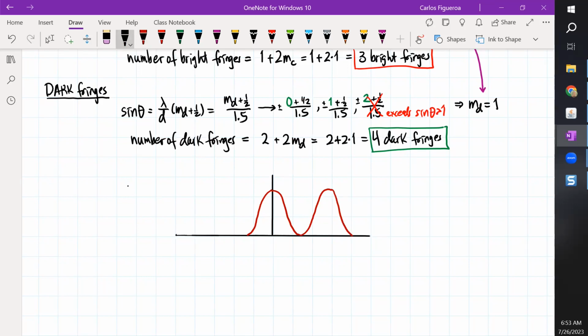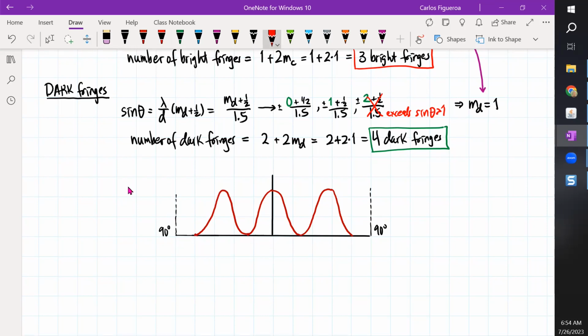Now note, this line right here is my 90-degree line. Note that this does not go all the way to 90 degrees. So let me try to be symmetric here. This guy has to end right here because this is my 90-degree line. So then it should be symmetric right here, but then it dies off right there.